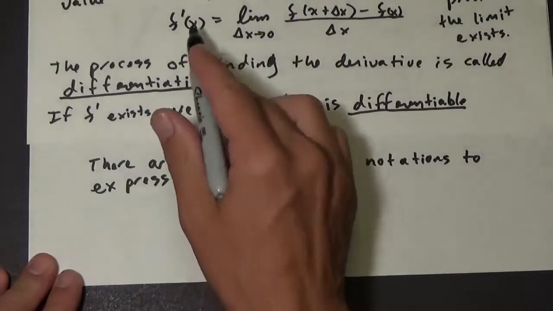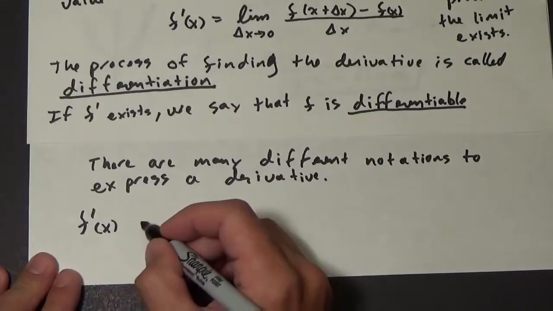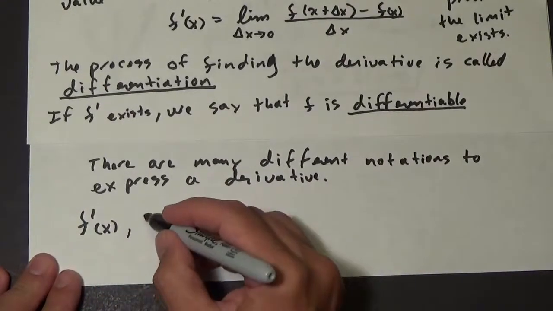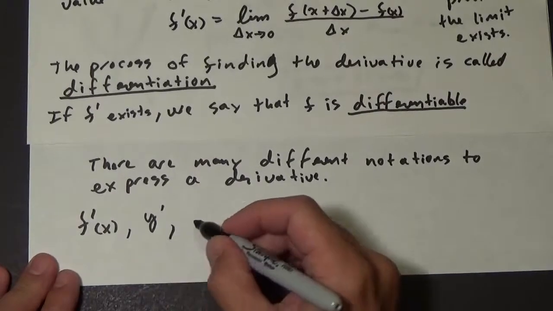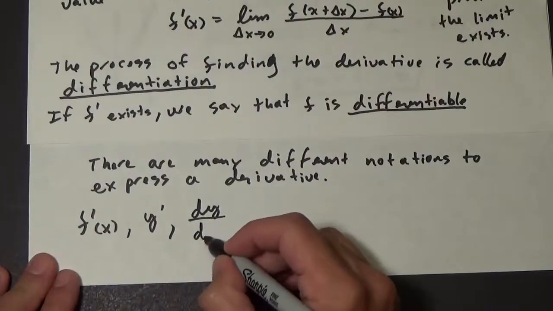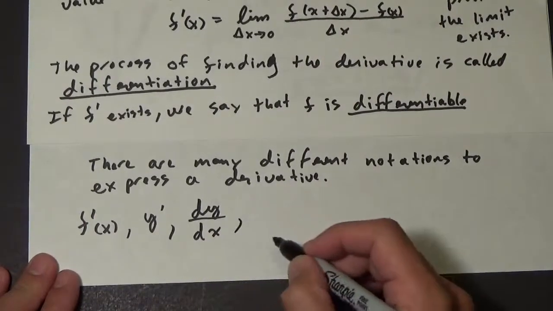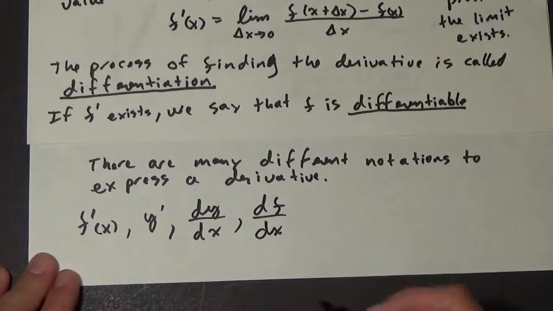All right, so one we had up here was f prime of x. We could also have y prime. So if you start off with y, you could just say, here's the derivative, y prime. We also have dy dx. We could say df dx.